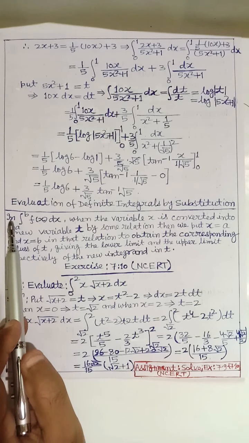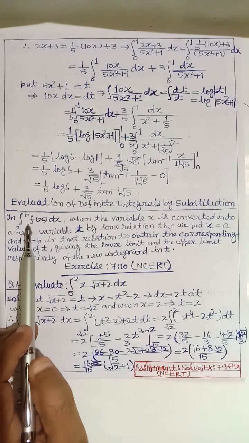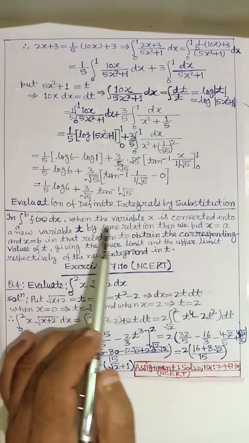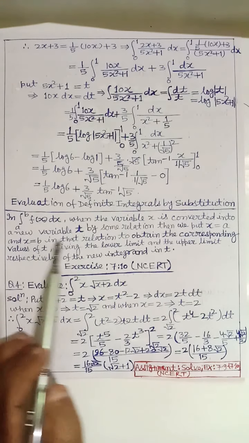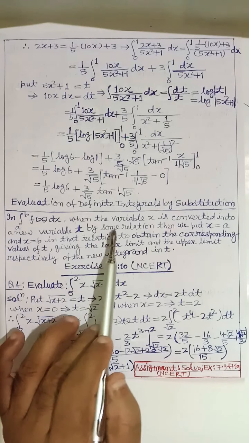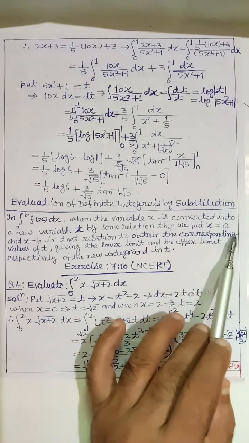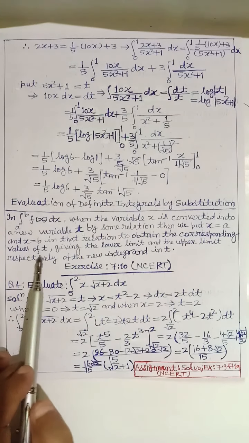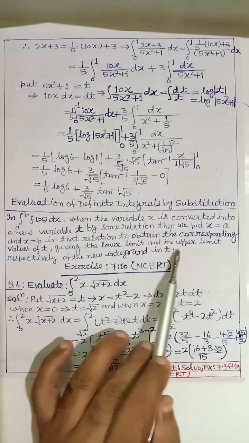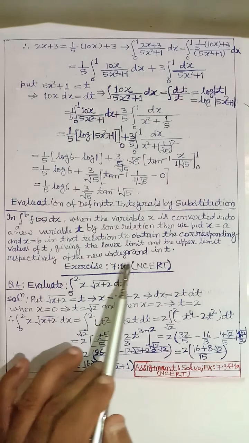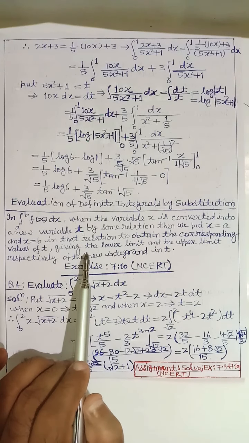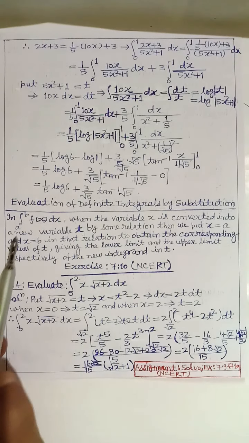Dear students, in the integral of f(x) dx from a to b, when the variable x is converted into a new variable, that is t, by some relation, then we put x equal to a and x equal to b in that relation to obtain the corresponding values of t, giving the lower limit and the upper limit respectively of the new integrand in t. Means if we use the substitution method, then the corresponding lower limit and upper limit will also be changed.